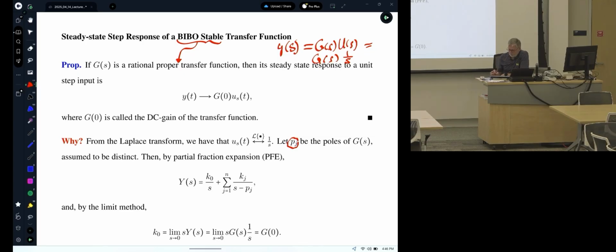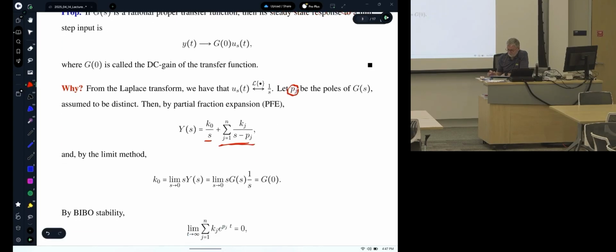If they're distinct, then we can do a partial fraction expansion. We've got a pole here from the 1 over s. So we include that in the partial fraction expansion. And then these are the terms that come from the transfer function itself.